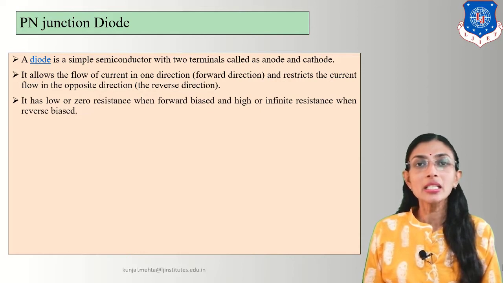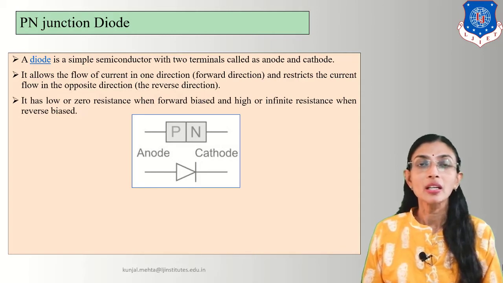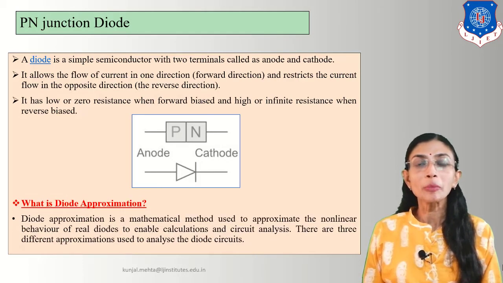Look at this. This is the PN junction diode symbol with two terminals, anode and cathode. Now, the next question is: what are the diode approximations? The diode approximation is used for diode circuit analysis. If we want the result very quickly, then we consider the PN junction diode as an ideal diode in any circuit application.